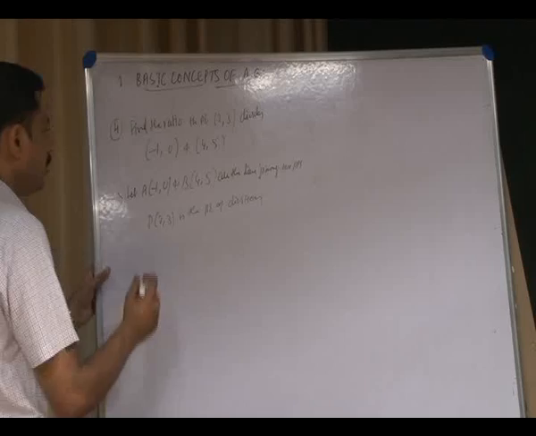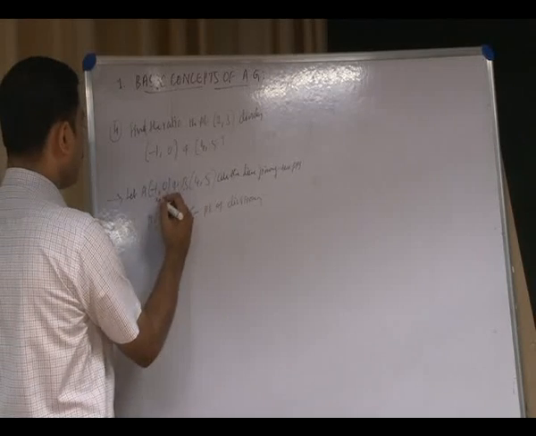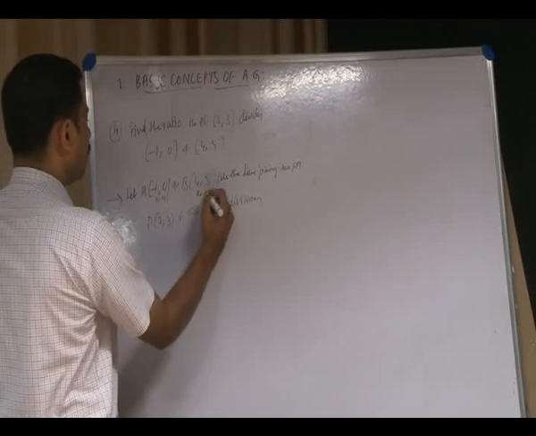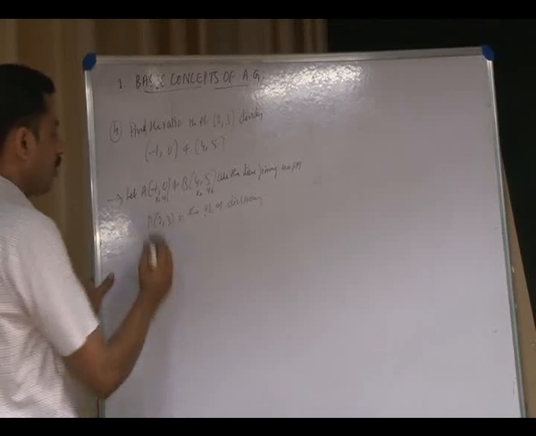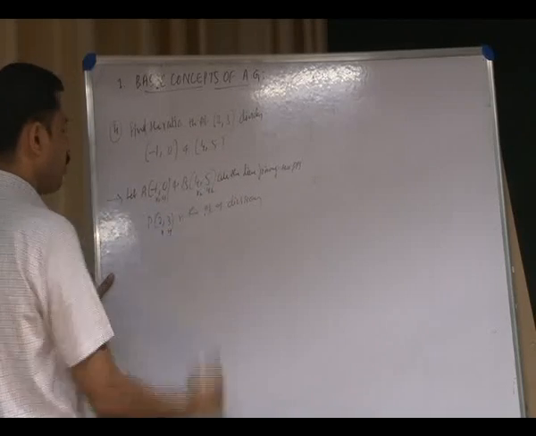Here the coordinates of point A and B are taken as x1, y1, x2, y2, and the coordinates of point P is x, y.